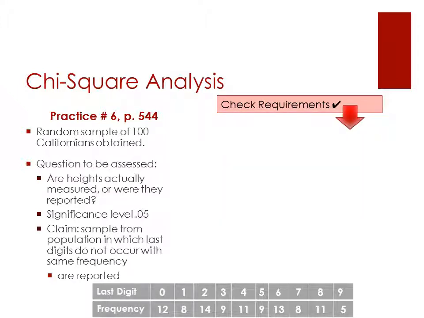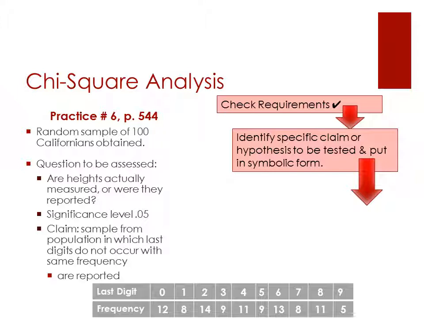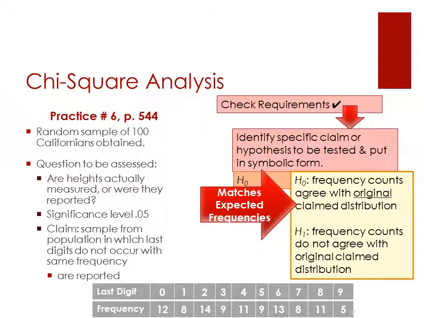Okay, so we've got our requirements, and we need to identify the specific claim or hypothesis to be tested. So that's our next step. Now, we're looking pretty much at developing our null hypothesis. We have to think through this differently than we have for our other problems. Here's what we have to look at: the null hypothesis would maintain that the data matches the expected frequencies.